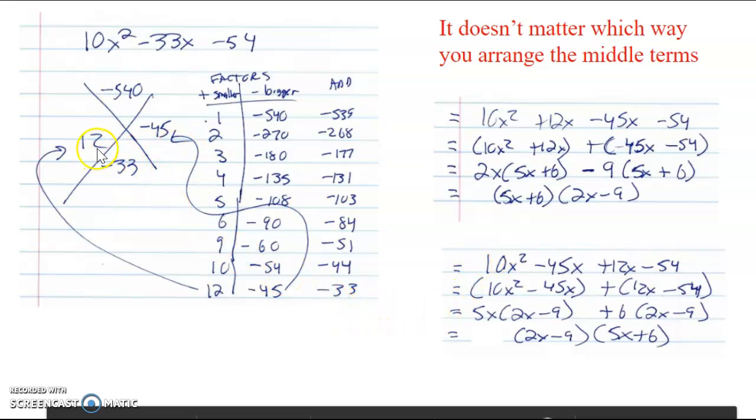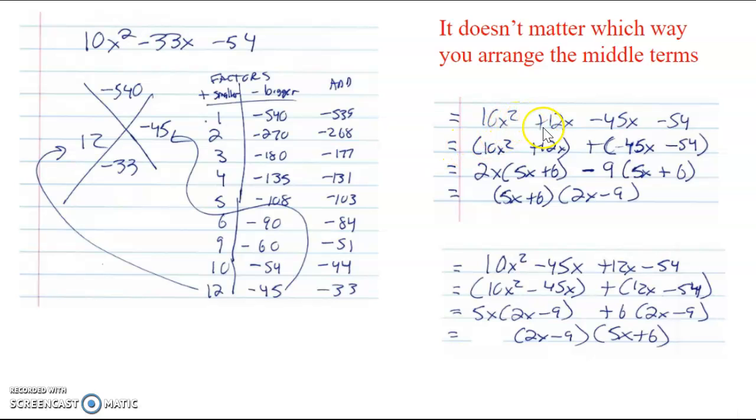So then you put it in here, and then you split the expression as 10x squared plus 12x minus 45x minus 54.